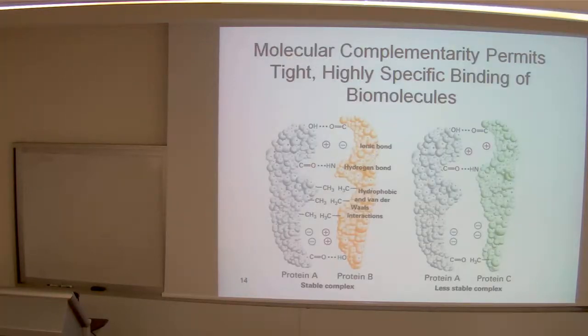Okay, when we talk about molecular complementarity, we actually talk about a combination of all of these interactions we've discussed. So when two molecules encounter each other, they will most probably bounce apart because of the thermal energy.